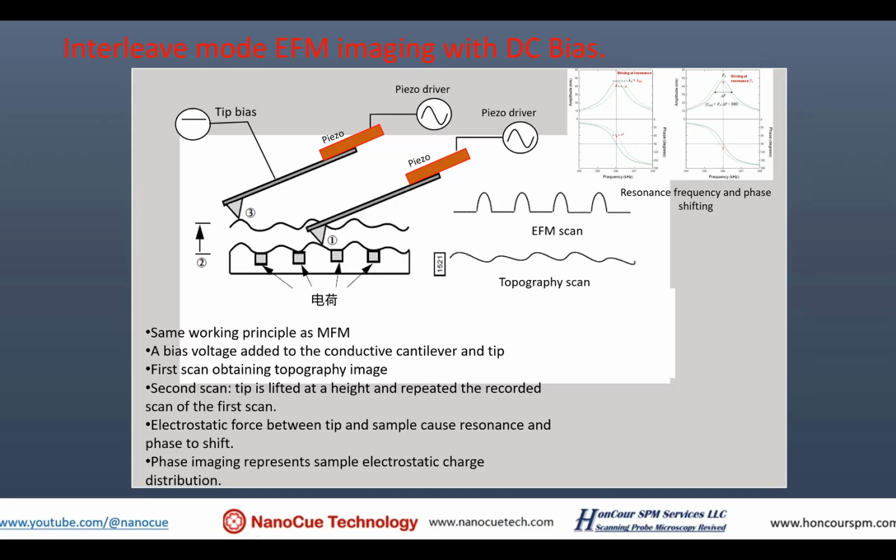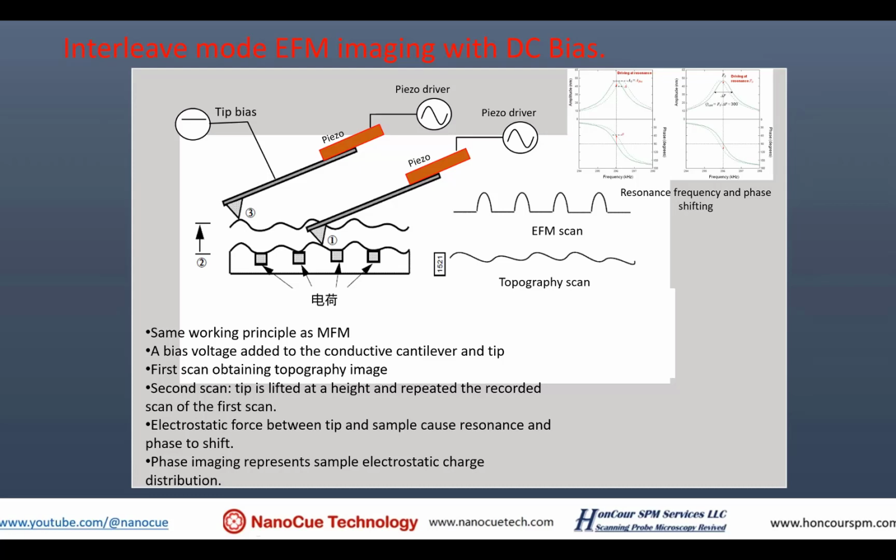Okay, so one way to make this EFM from DC bias more sensitive is to bias the tip with not DC but AC. So instead of putting a DC bias because the tip and sample have an attractive force, I will apply an AC tip bias. This AC tip bias will cause the tip to sense the electrical charge of the sample with a vibration at the same frequency as the AC bias.